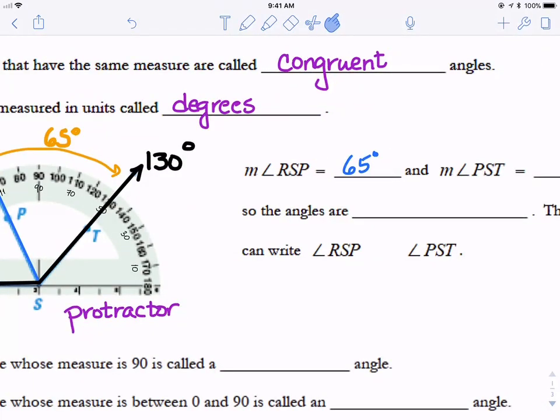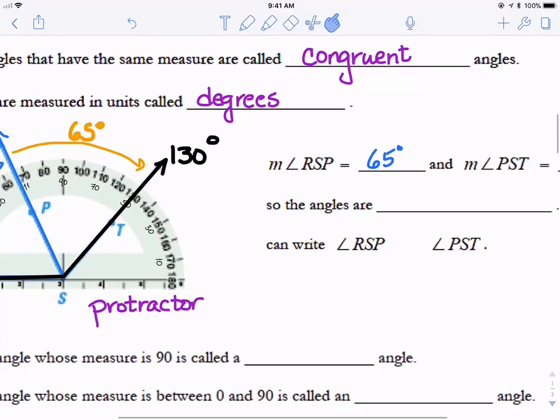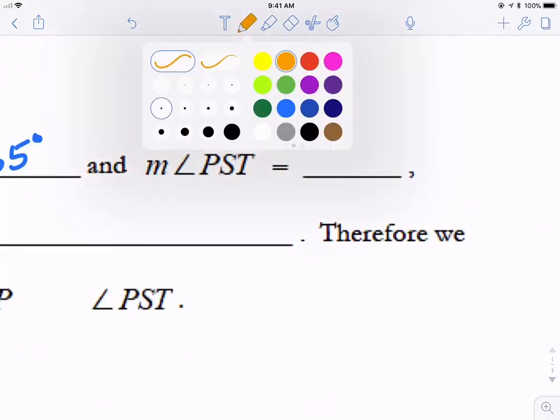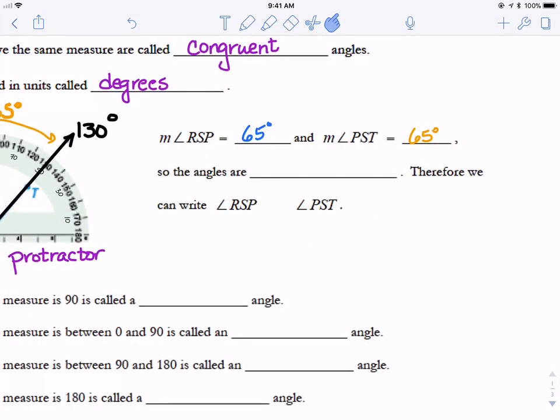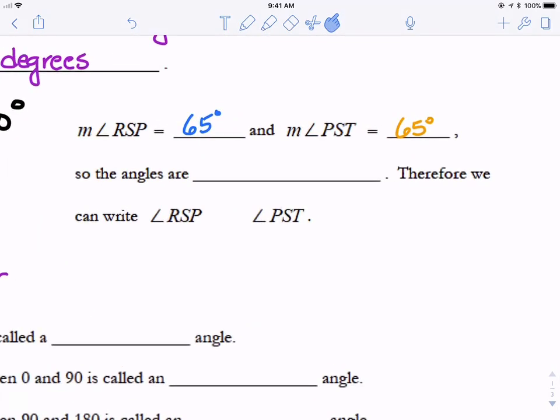So the measure of angle PST is 65 degrees also. And since they both have the same measure, that makes them congruent.